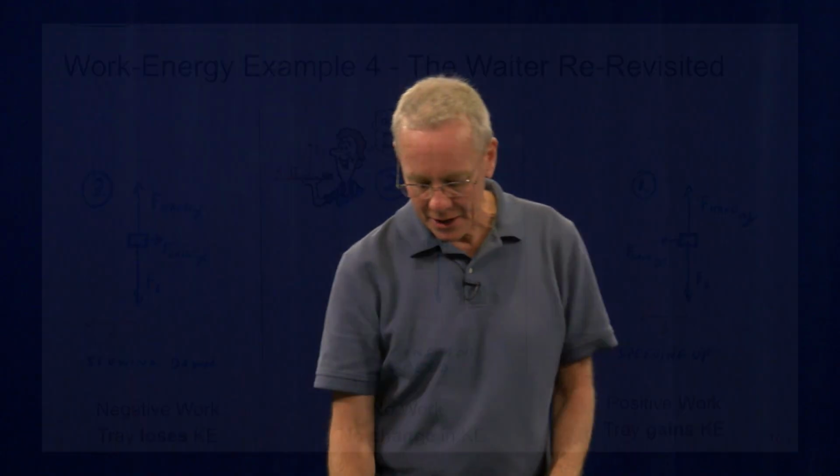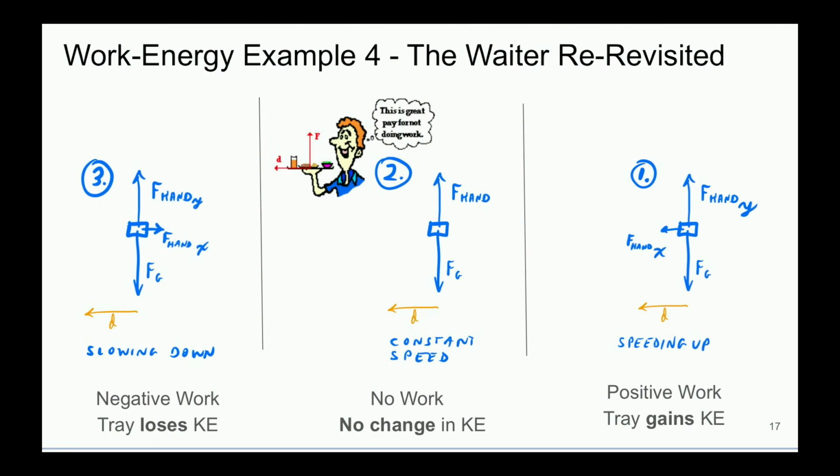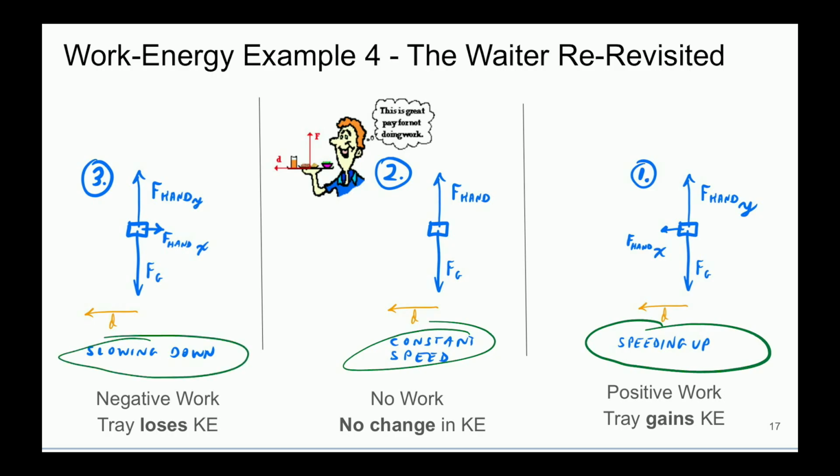No change. Likewise with the waiter, if I'm speeding up in step 1, going at constant speed in step 2, and slowing down, I gain kinetic energy at the start. There's no change in the middle, and I lose kinetic energy at the end. So that's the way to revisit it in terms of kinetic energy and how it relates to work.